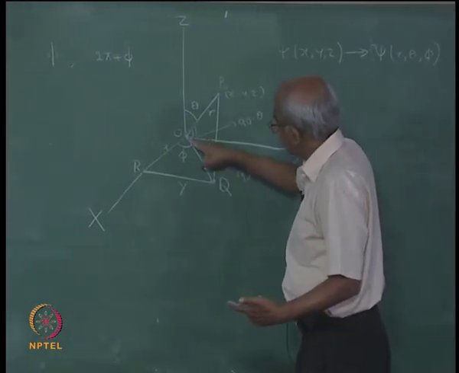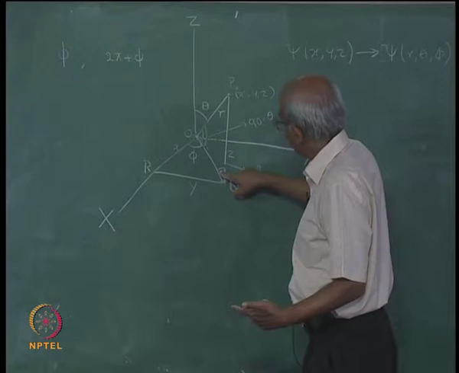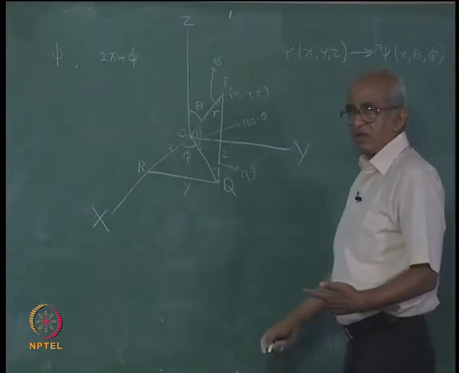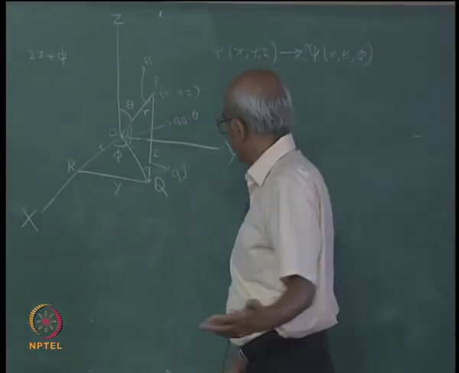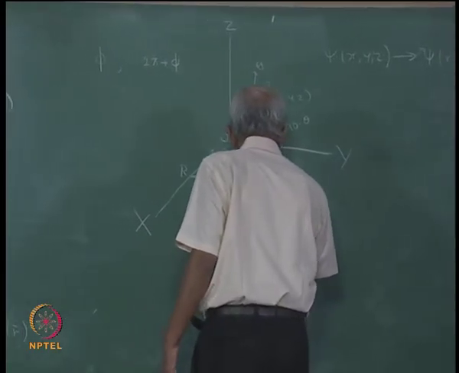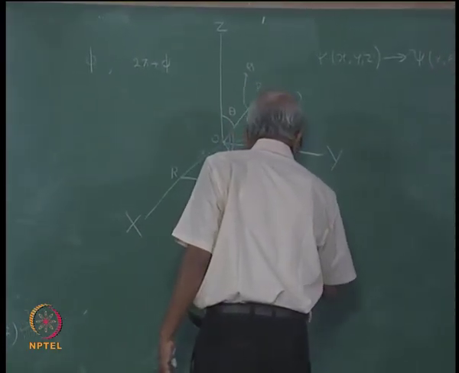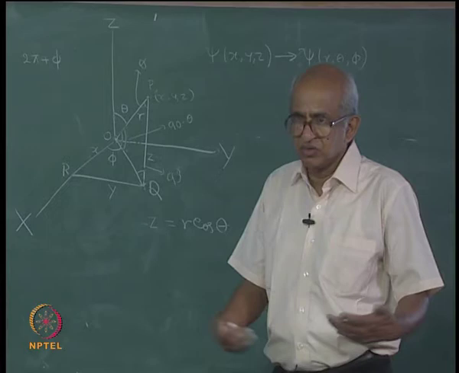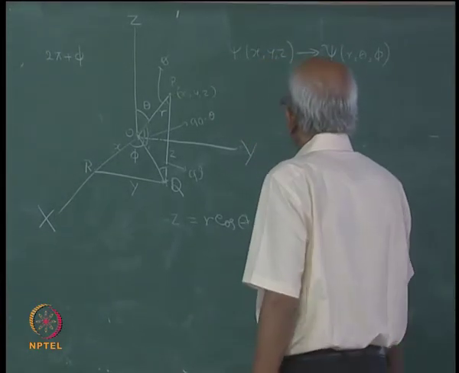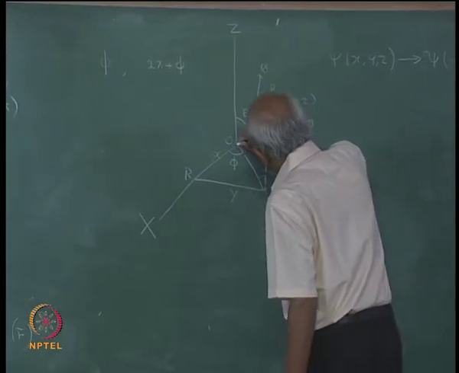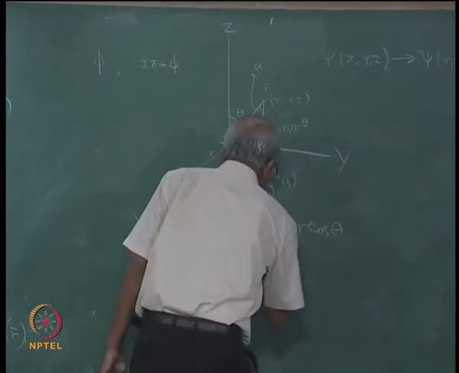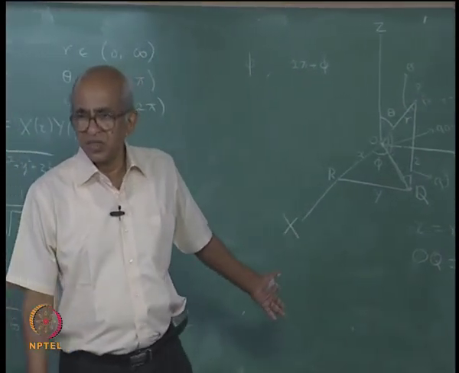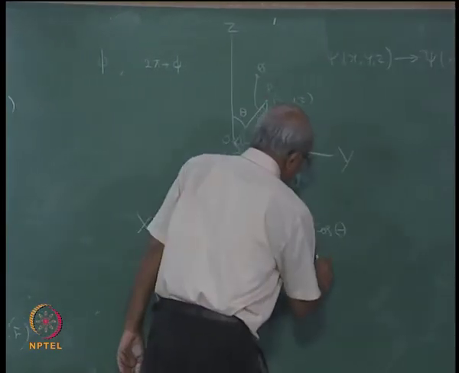And if this angle is 90 minus theta, this is 90 degrees, then naturally this angle has to be equal to theta. Correct. And therefore, you can immediately say that Z must be equal to R cos theta. We are just making use of simple trigonometry. And how much should be this length? OQ should be how much? That is the other side of the right angle triangle. It must be equal to R sin theta.